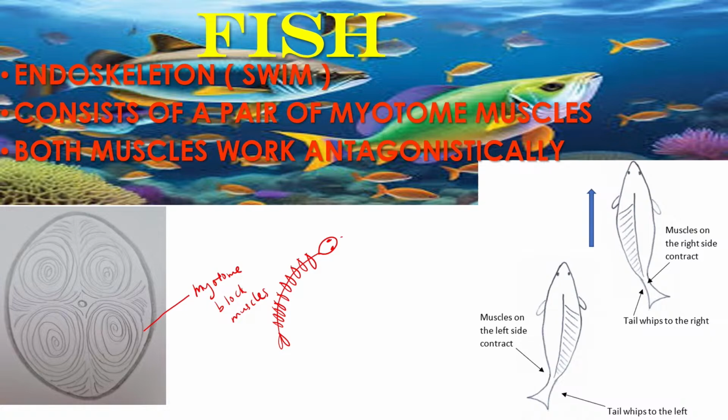When the fish moves to the right hand side, the right muscle will contract and the left muscle will relax. The same thing goes when the fish moves to the left hand side: the left myotome block muscle will contract.